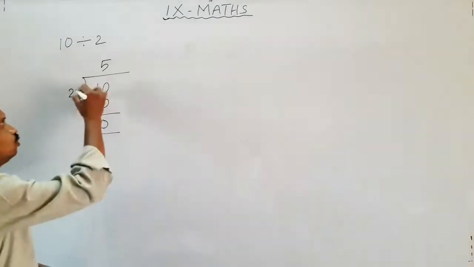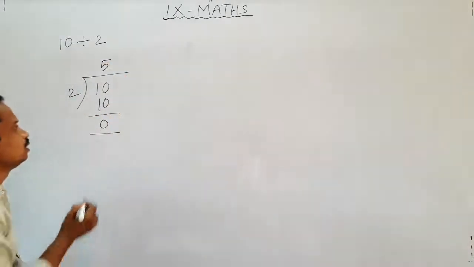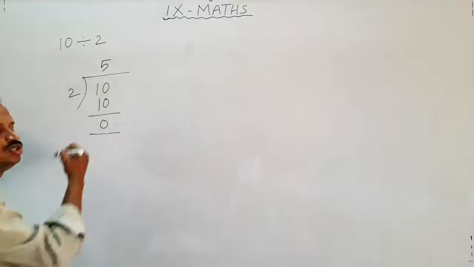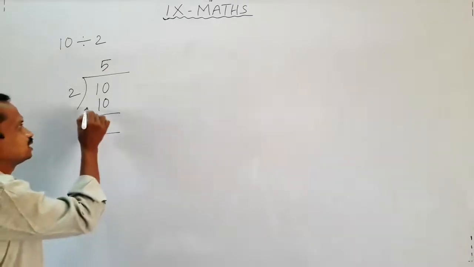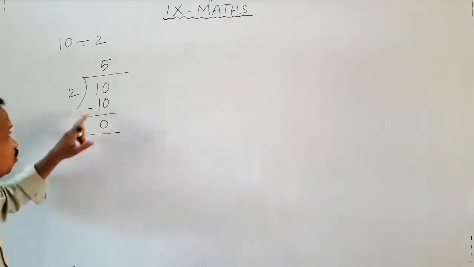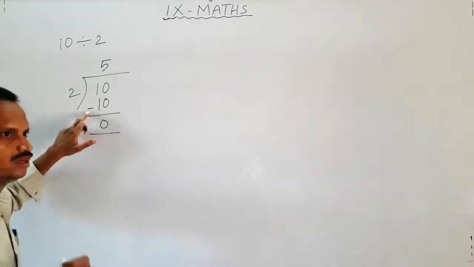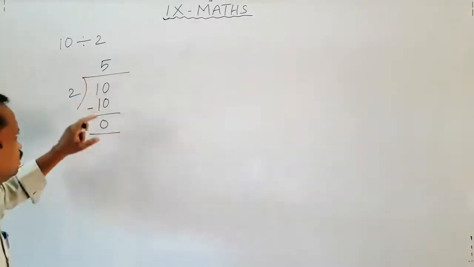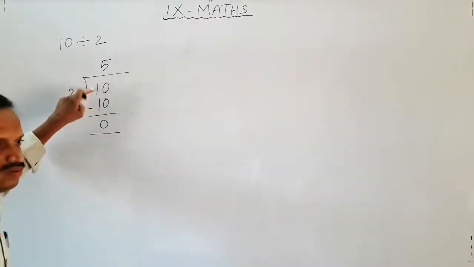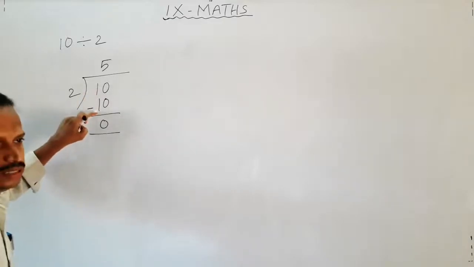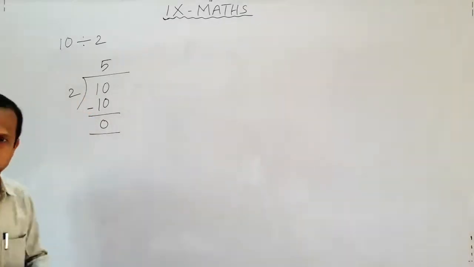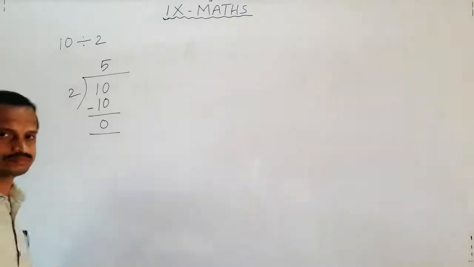Okay. 2 5s are 10. And then we are writing 0 here. How? By subtracting that. There is no subtraction, but even though we are understanding that 2 5s are 10, so from the dividend 10, when we subtract this 10, then only we are getting the remainder 0. So that is what the matter there.